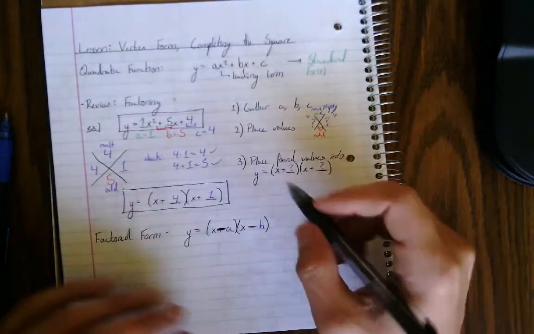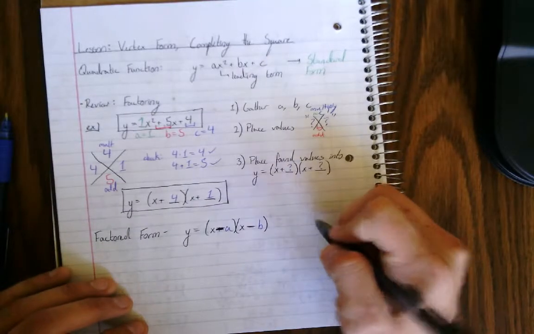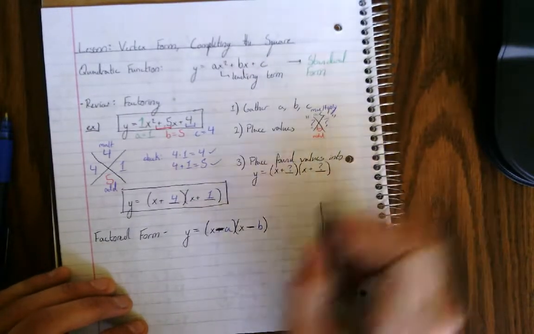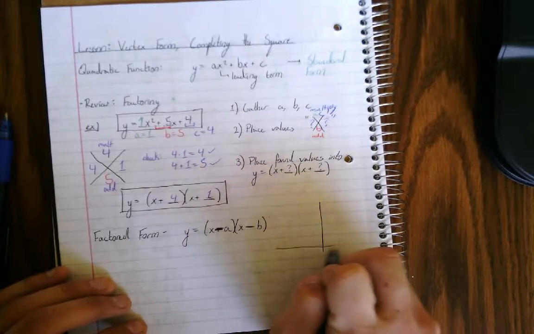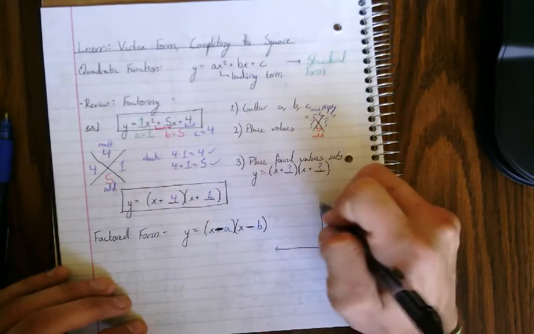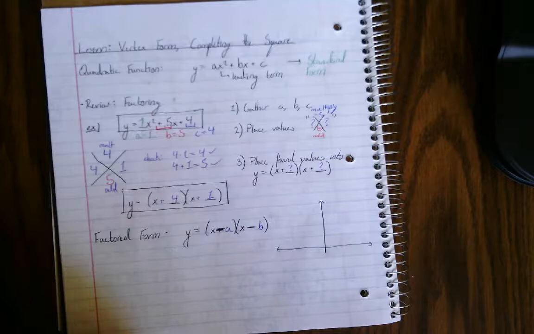This is useful because it'll show us that our parabola crosses the x-axis at A and at B.